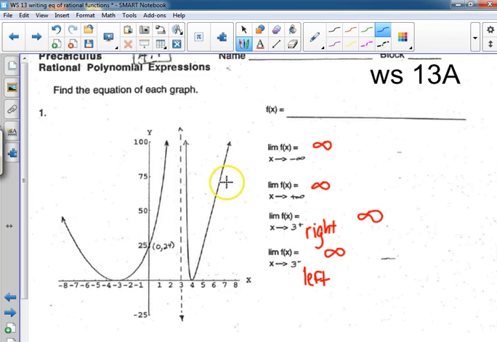What can you tell me about the graph? Vertical asymptote at 3. Good job. So what does that mean? x minus 3 on the bottom. Good job. Is there any other vertical asymptotes? Okay. What else do you know?